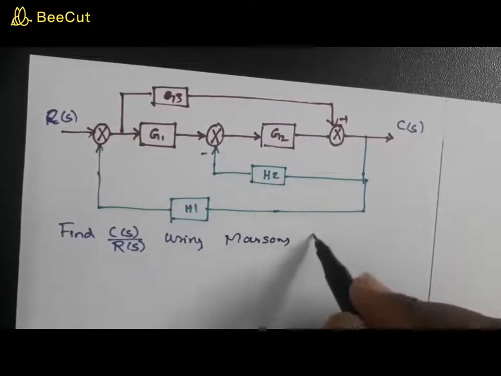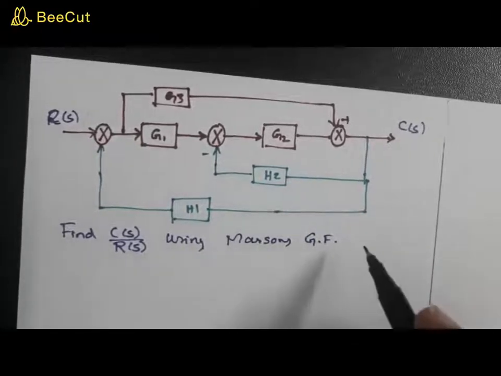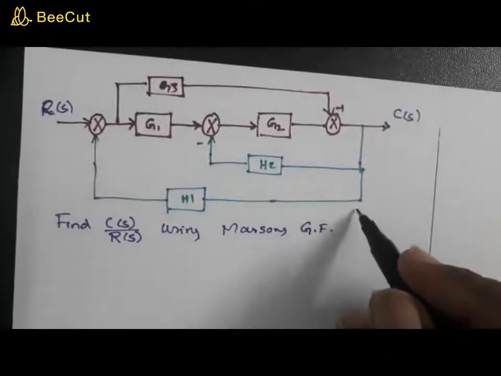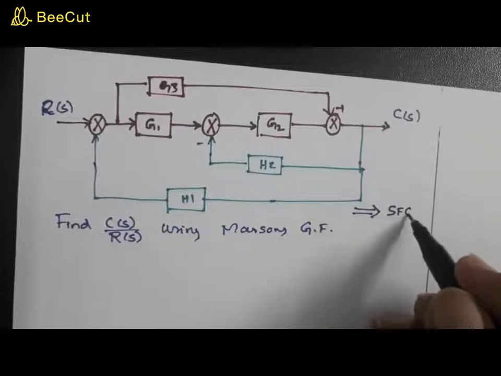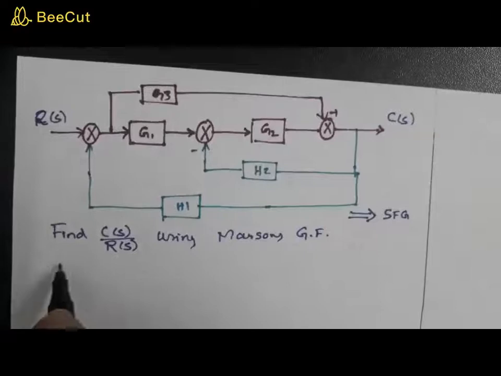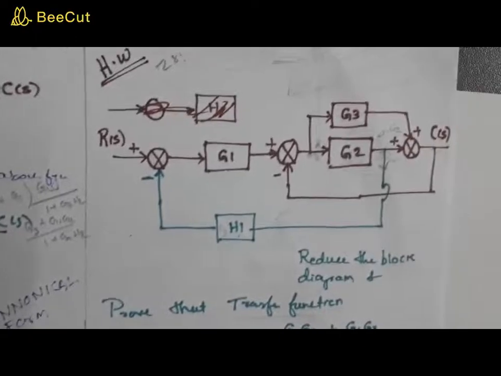In order to apply Mason's gain formula, you need to convert this into SFG. That's the first step, that is converting the block diagram into SFG. So you must be very careful to draw the SFG.